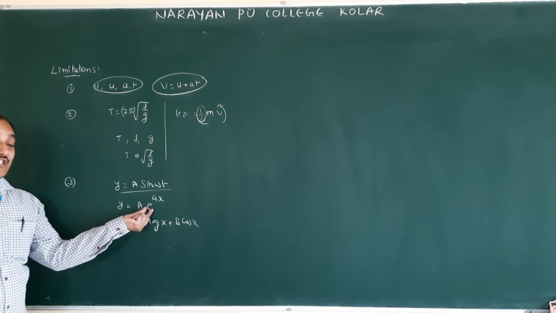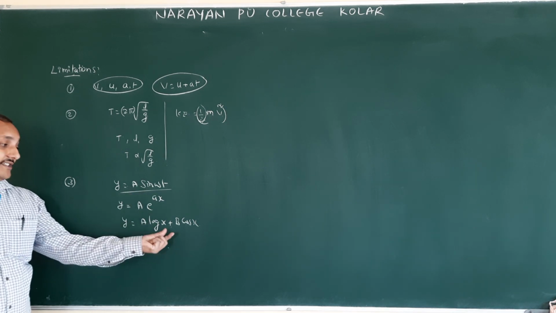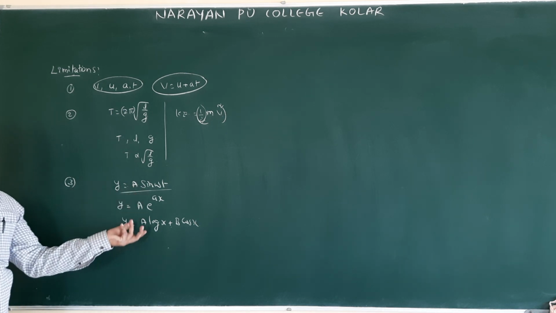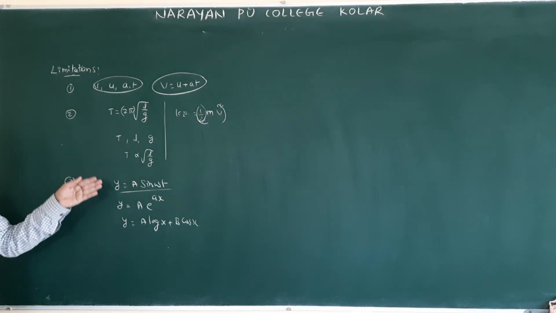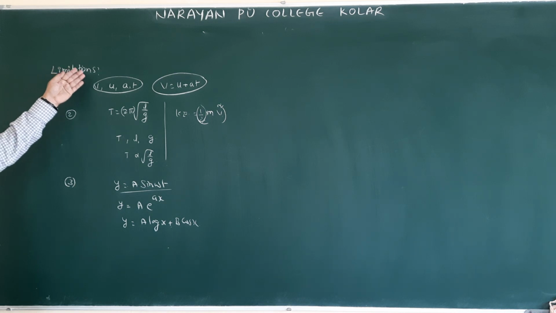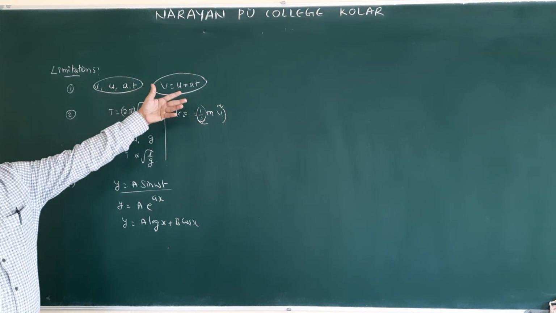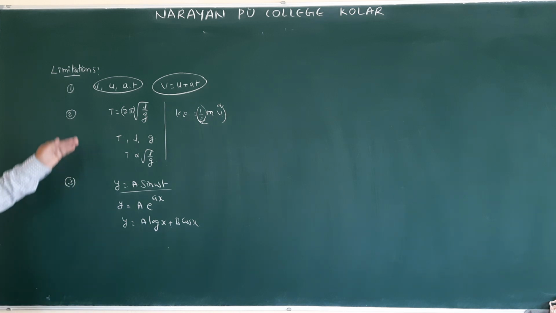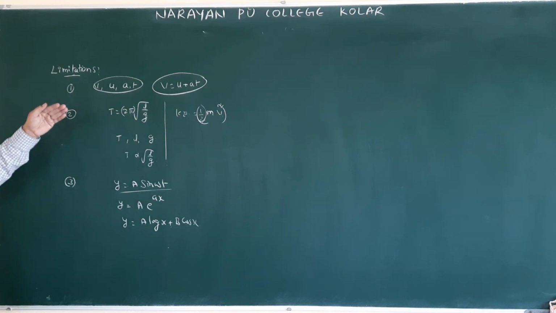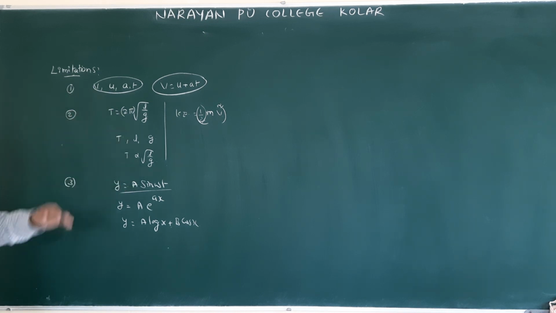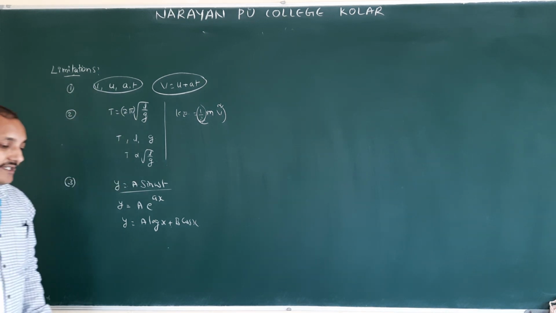This is called an exponential function, this is a trigonometric function, and this is a logarithmic function. If these functions are in the equation, you cannot apply dimensional analysis. And dimensional analysis cannot give the exact relation among the physical quantities. You will get a relation, but the exact relation we can't get by using dimensional analysis.